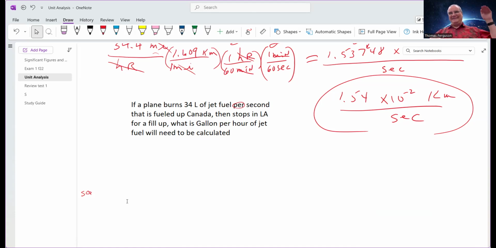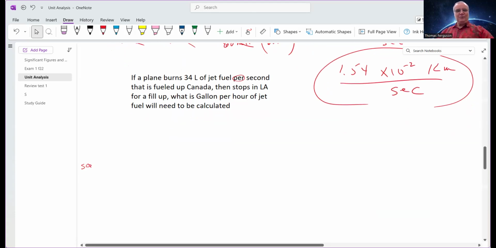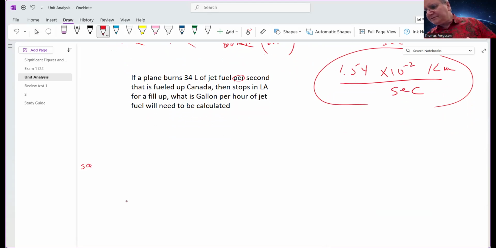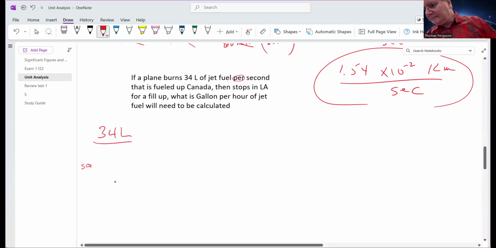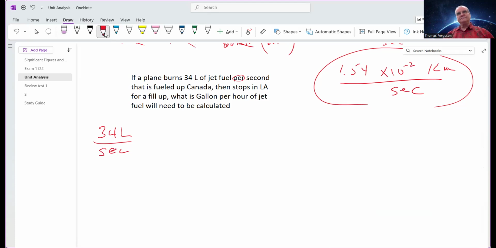They go down fast. All right, so what's given here? We're talking about 34 liters per second. Now again, per means it's a fraction.